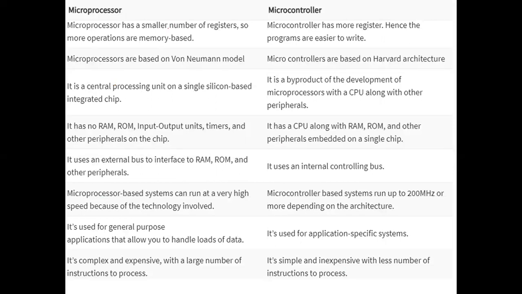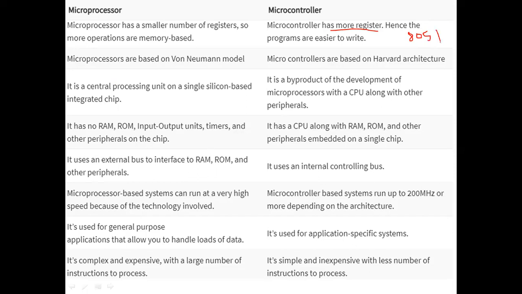A microprocessor has a smaller number of registers, so more operations are memory based. A microcontroller has a larger number of registers, so the programs are easier to write. The 8051 is an example of a microcontroller.